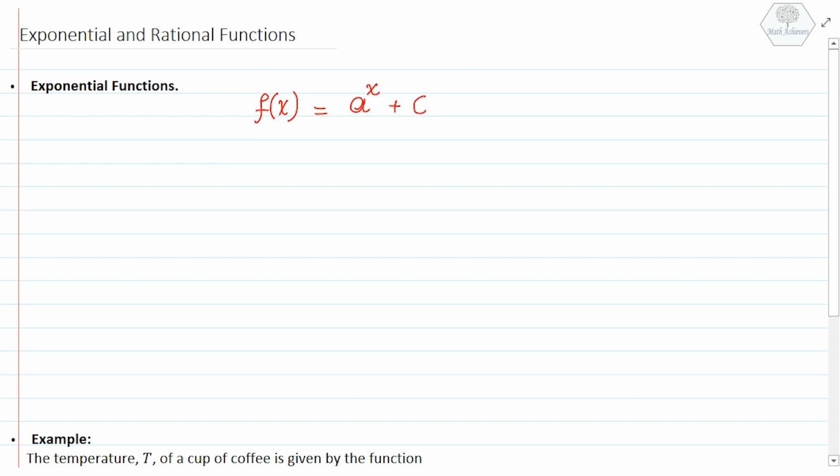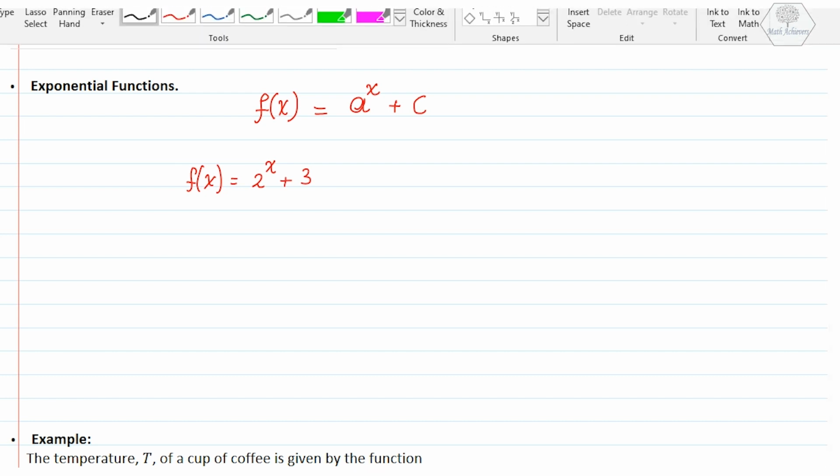Let's sketch a function to see the general shape of the function. Let's sketch f of x, which is equal to 2 to the power of x plus 3. Let's draw our axis first.